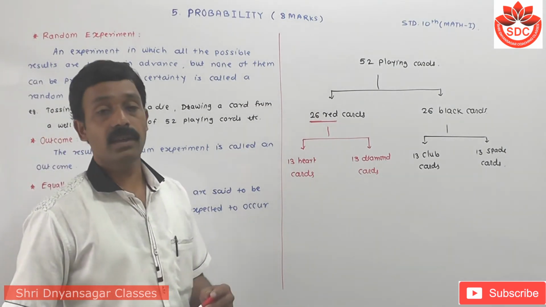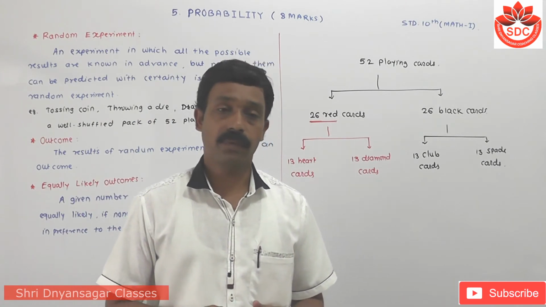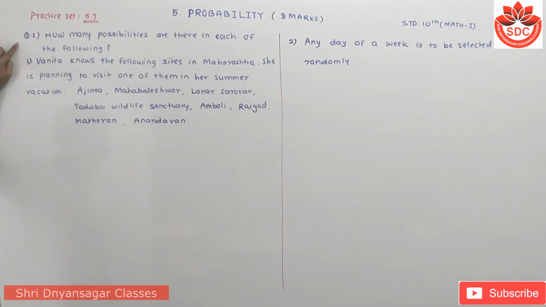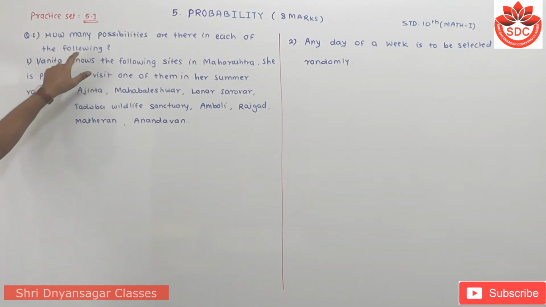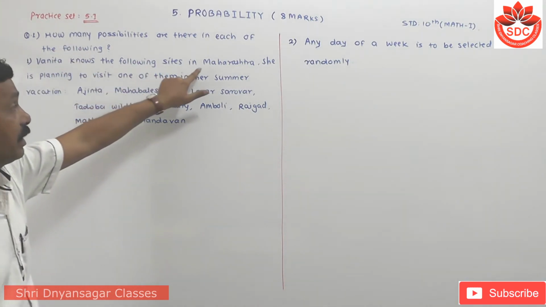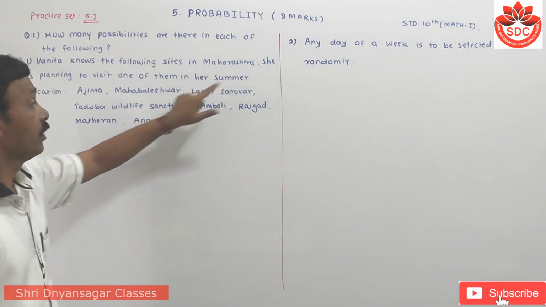Okay students, we take practice set 5.1. Practice set 5.1, question number 1. How many possibilities are there in each of the following? How many possibilities we have to find out here? First question: Vanita knows the following sites in Maharashtra.